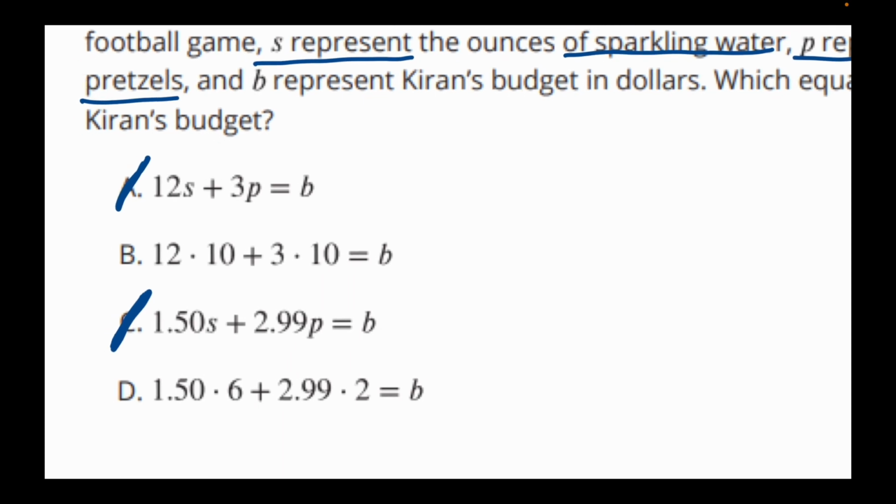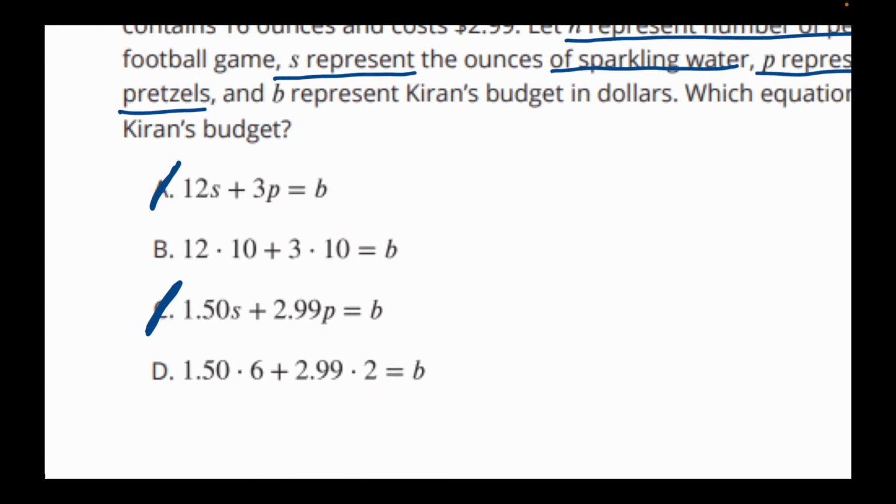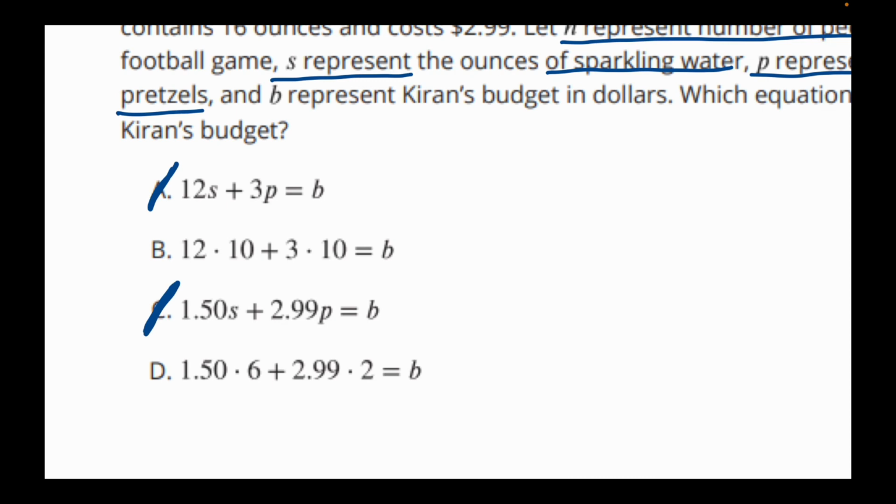We're going to use something more like the other ones here. And I do see the $1.50 and the $2.99 included in our price. Now we may have to actually calculate how many bottles of sparkling water and how many bags of pretzels we need, but it does look like our answer is going to be D. So let's check this one out and double check.